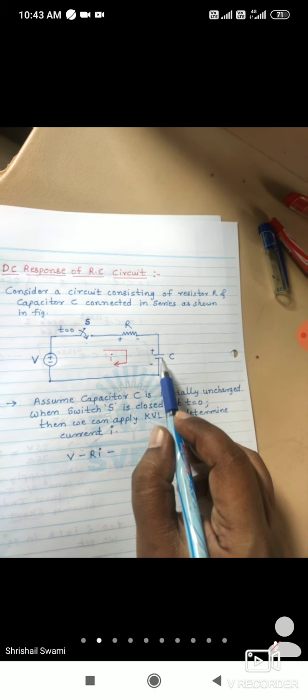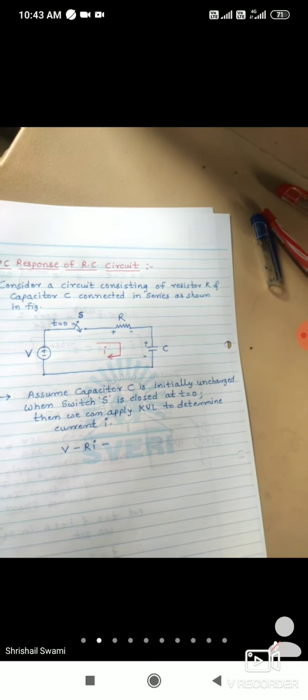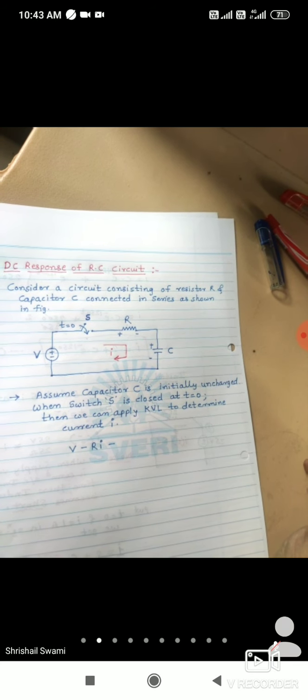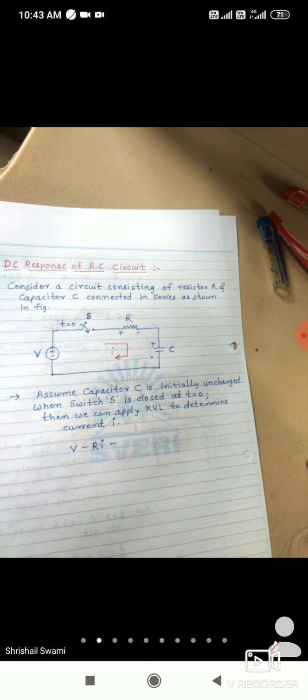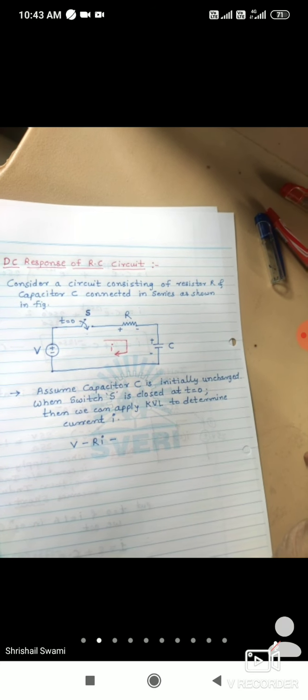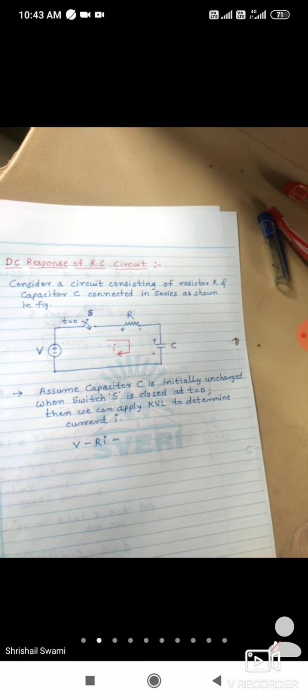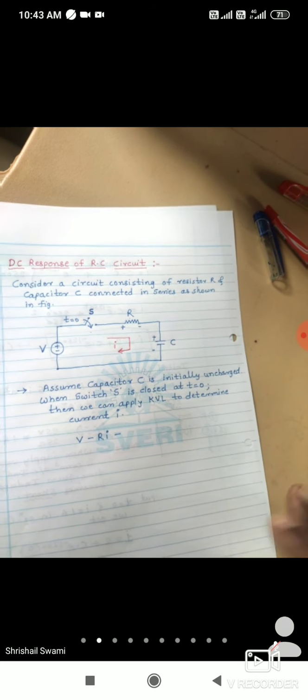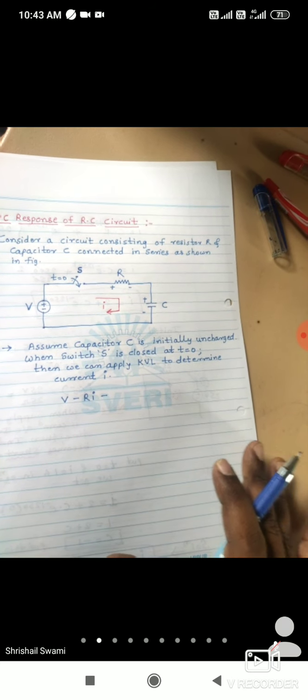What is the formula of voltage across the capacitor, denoted as VC? For the inductor, I told you it is L into di by dt. But what is the formula of voltage drop across a capacitor? Anyone remember? I have already told in the basic lecture.